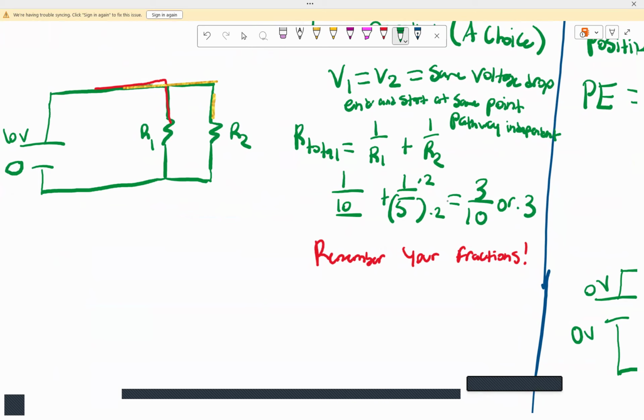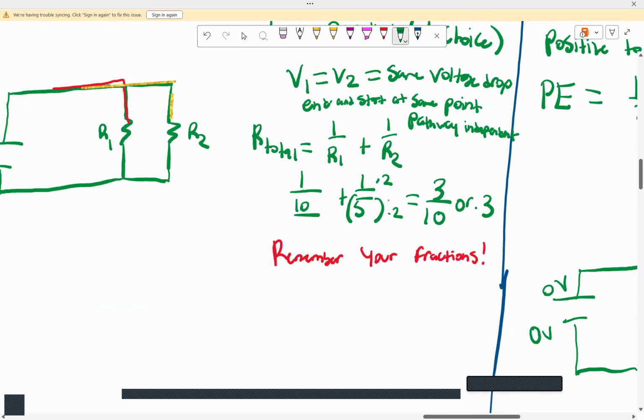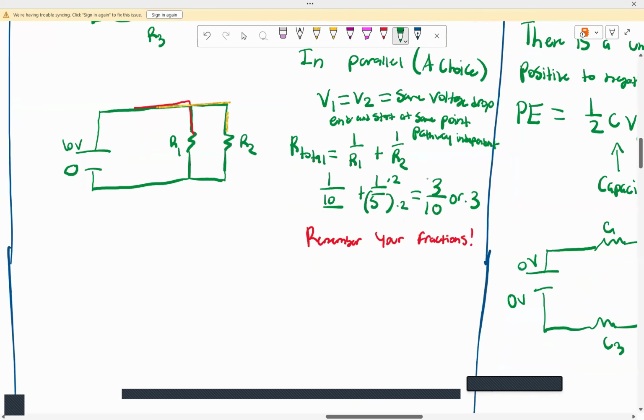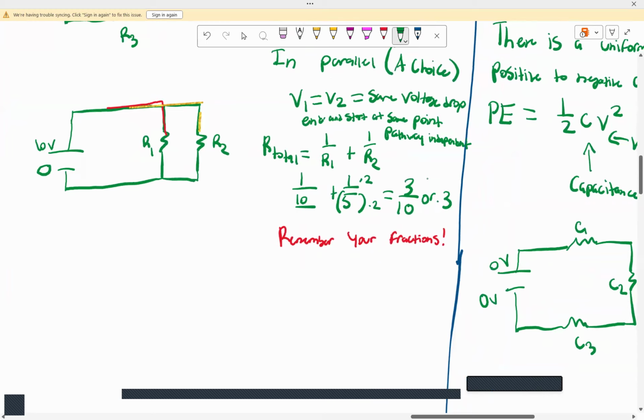Remember that in order to add fractions, you need the same denominator. It's much easier to multiply 5 times 2 than to divide 10 by 2 in this case. So it'll be equal to 1 over 10 plus 2 over 10, which is equal to 3/10 or 0.3. So remember your fractions, and that your denominators have to be equivalent in order to add.